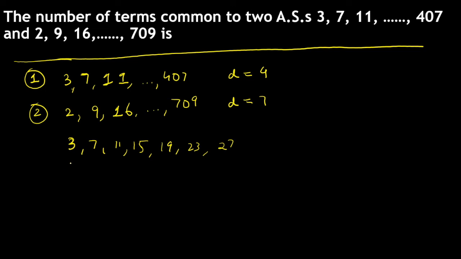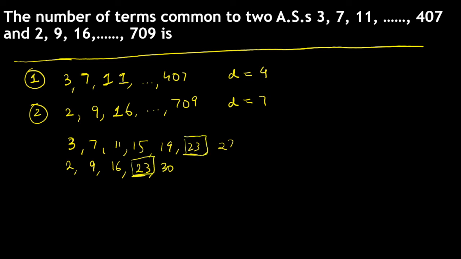Now let's extend the sequence for the second one: 2, 9, 16, 23, 30. Right? Now we can stop right here because we have got the first common term from both of them, which is 23.